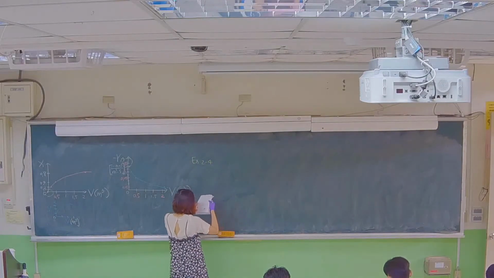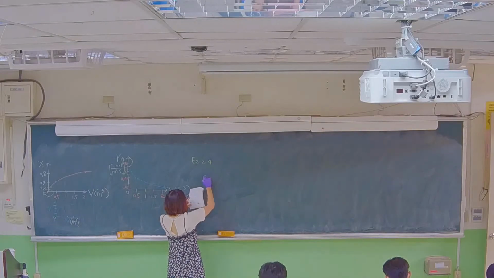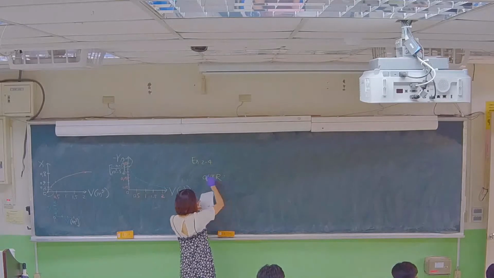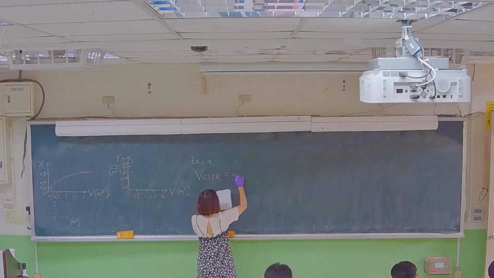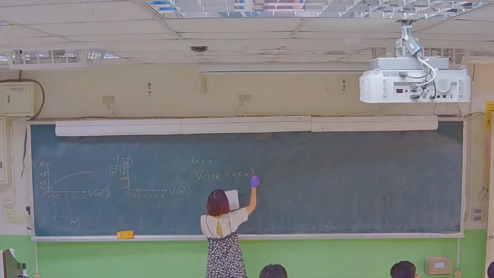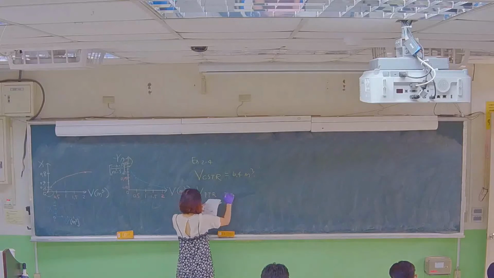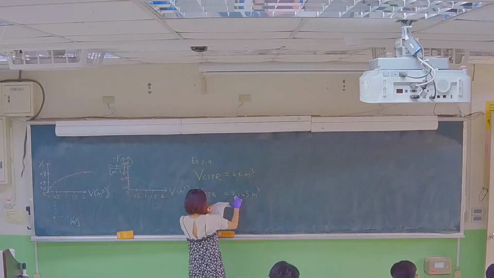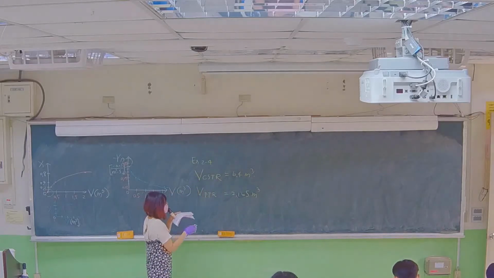Let's just compare. From the previous two examples, you know the volume for CSTR is equal to 6.4. The volume for PFR is equal to this one. Okay, so this is the first conclusion.